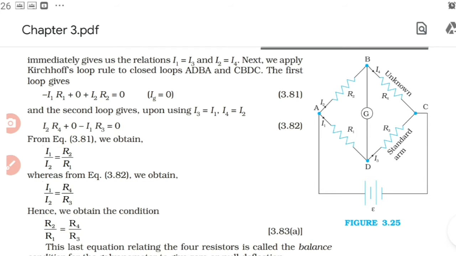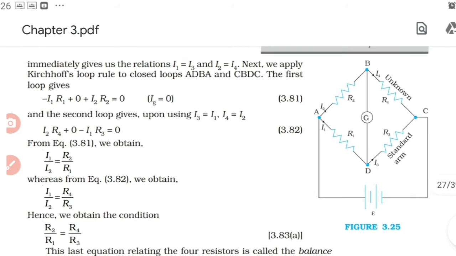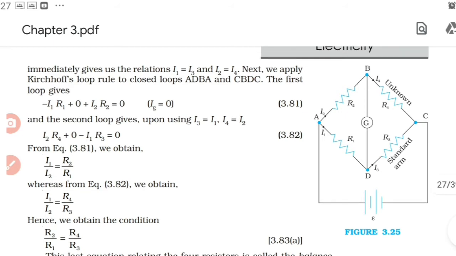Now we consider ADBA. So it is I1 R1. Through the galvanometer no current is flowing, so there is no need to consider the potential difference across the galvanometer. So I1 R1 minus I2 R2 will be equal to 0. That is the equation for the loop ADBA. There is a difference in sign from the equation given in the textbook.